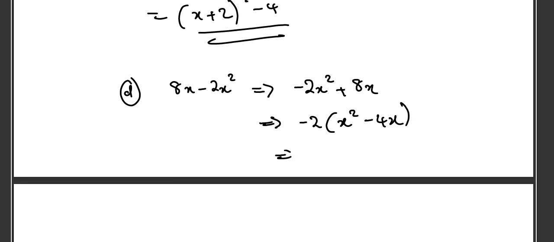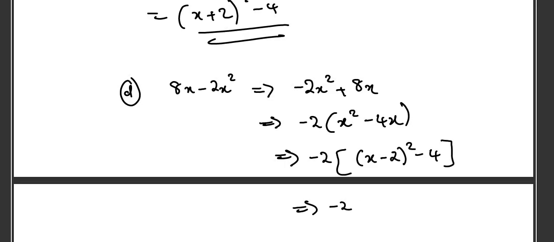Then you have negative 2 times ((x minus 2) squared minus 4). Then this is going to be negative 2 times (x minus 2) squared plus 8. This right here gives you the completed square form of question 1D.